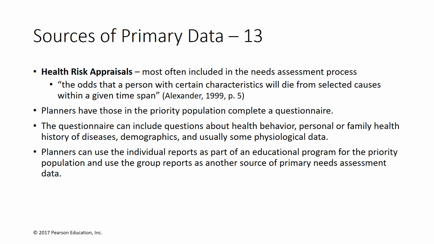It's definitely going to ask you height and weight, so they can do a BMI calculation. But they may ask blood pressure, resting beats per minute, whatever physiological data they need, they can include on the health risk appraisal.